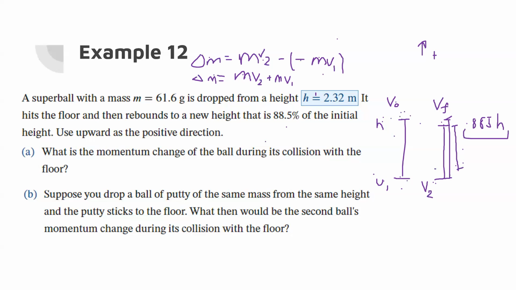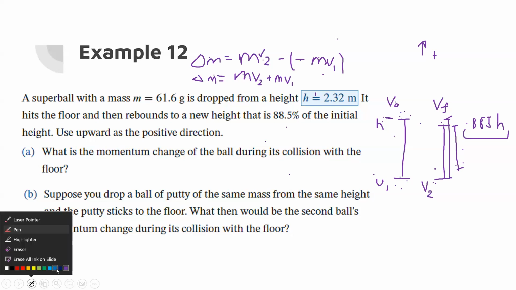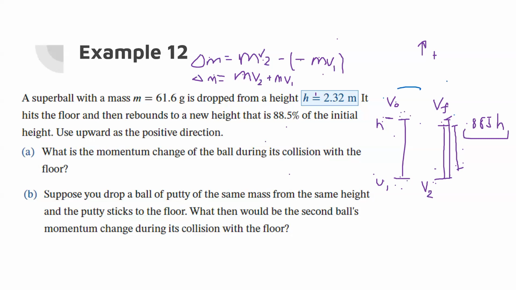But what we can do is use conservation of energy, let's use a different color, for right before it hits the ground and after it hits the ground, like that.